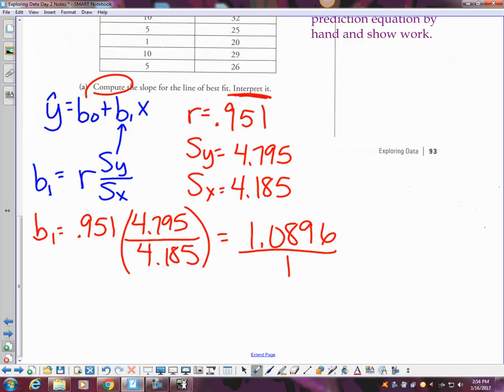So for every 1 more month of experience, the starting salary will increase by, now remember, your salary is in thousands of dollars, so 1, 2, 3, $1,089.60. One more time. For every 1 more month of experience, the starting salary will increase by $1,089.60.